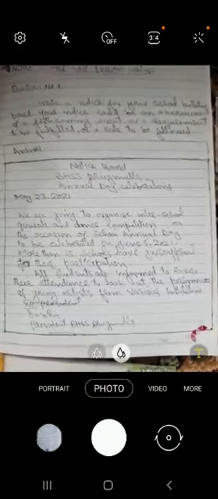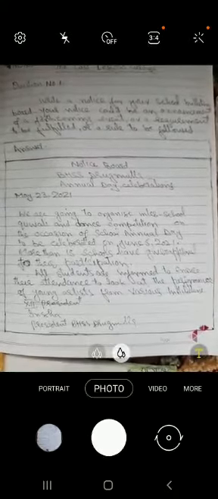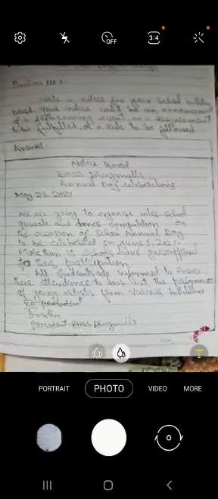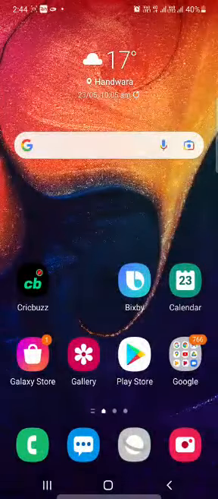We are going to organize an inter-school Qawwali and dance competition on the occasion of the school annual day, to be celebrated on June 5th, 2021.